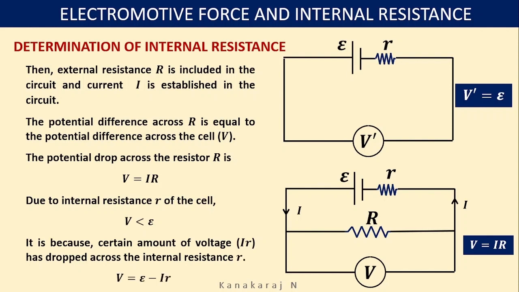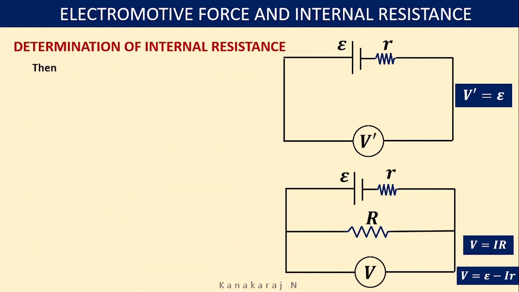So, V equals epsilon minus Ir. So, the EMF of the cell is the sum of the potential difference across the external resistance and the internal resistance. V equals epsilon minus Ir.